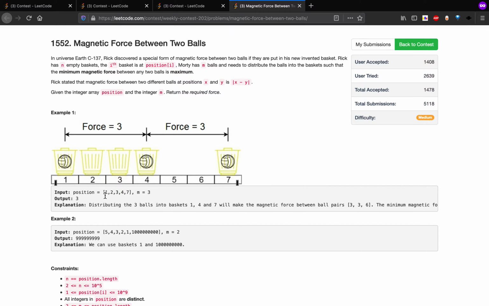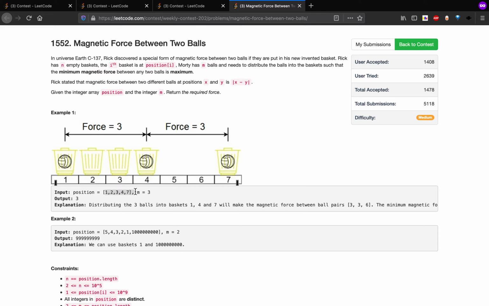And after placing those balls, the difference between two consecutive balls should be maximum. So we can put three balls at positions 1, 4 and 7, or at 1, 2 and 3, or at 2, 3 and 7. It's up to us.